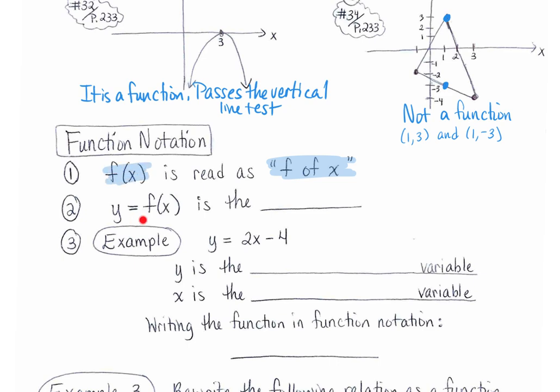Note, y equals f of x is the function. So sometimes you will see f of x equals 2x minus 4. Sometimes you will see y equals 2x minus 4. This is a function. Y is the dependent variable. X is what variable? Independent variable. Good.